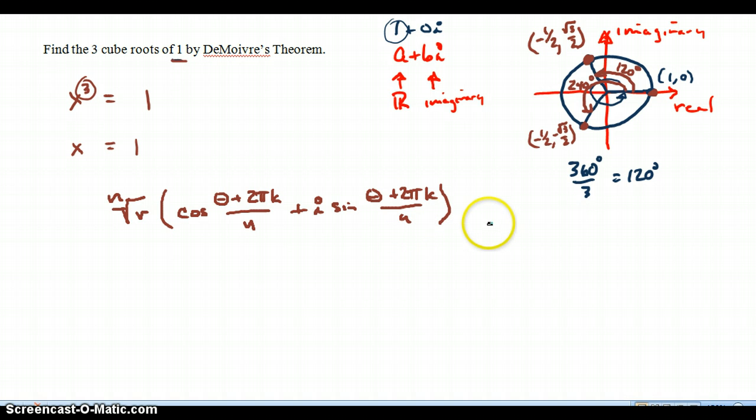Now, n is equal to the number of roots that we're trying to find. We're trying to find 3 right here.